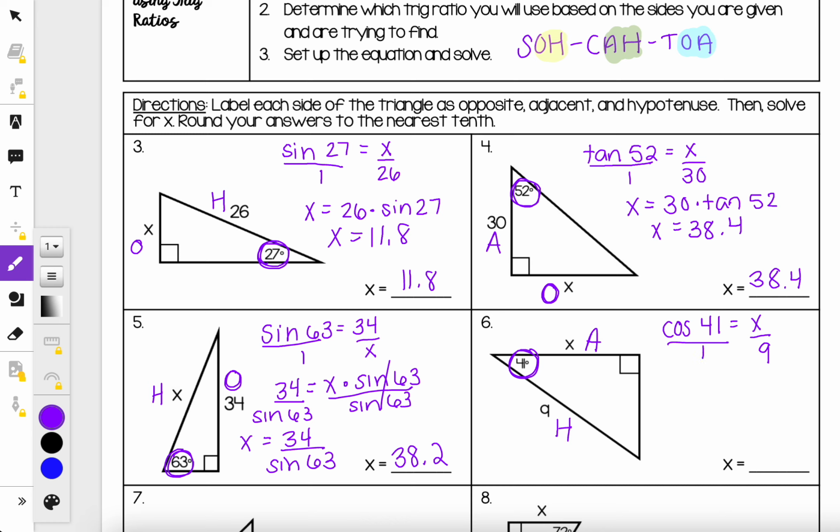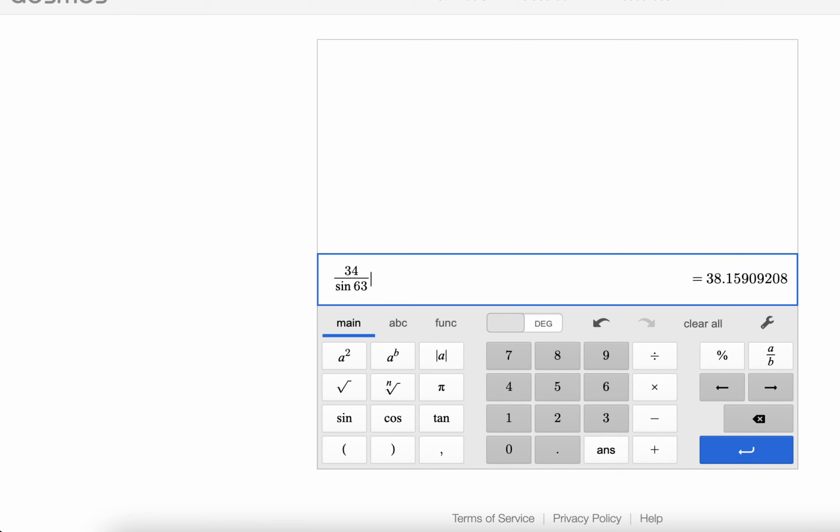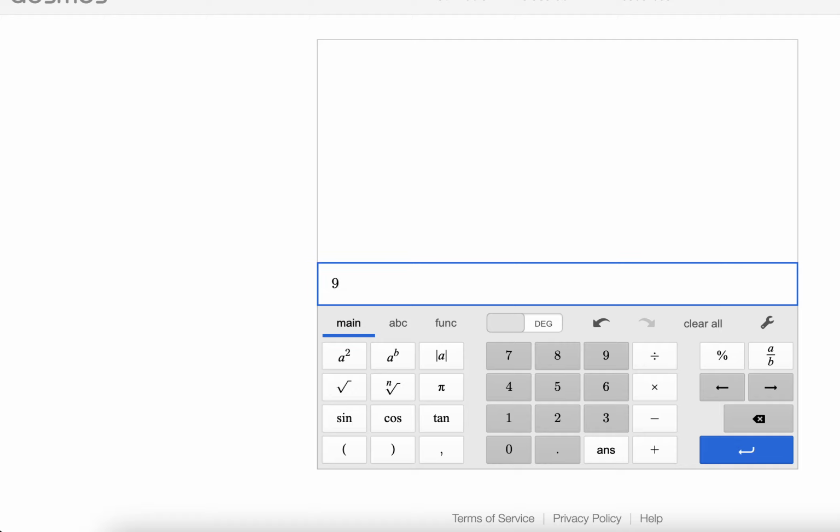Put that cosine of 41 over 1, cross multiply. And then we can plug. I'm not going to show you guys plugging it all into the calculator every single time. This will be the last one I do this for, but I'm going to take 9 times the cosine of 41, and we get 6.8 here.